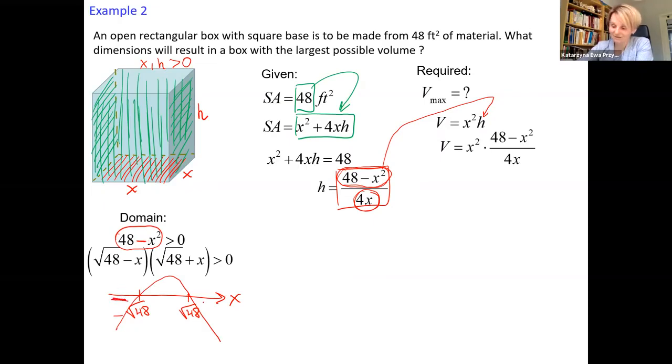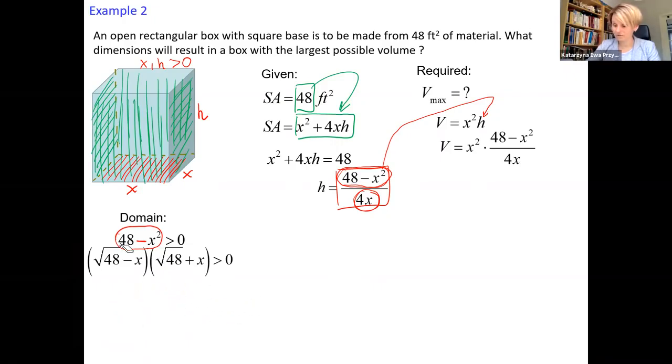This is giving us negative values. We're not looking for this negative part, only the positive. And we cannot take the entire interval because it includes negative numbers, just from 0. From 0 to square root of 48. This is the only option for x. And still an open interval.